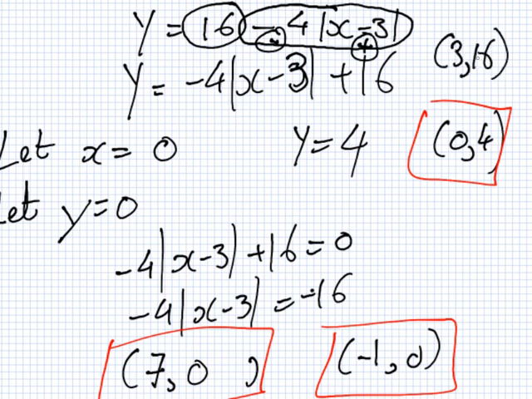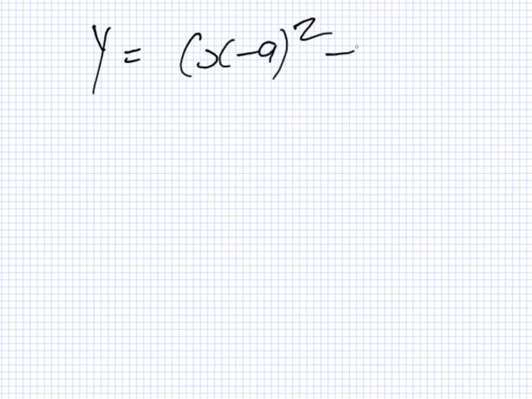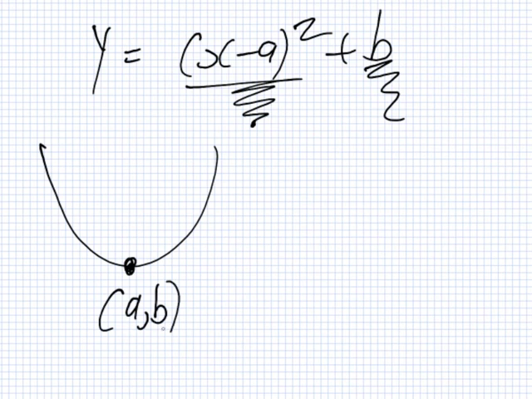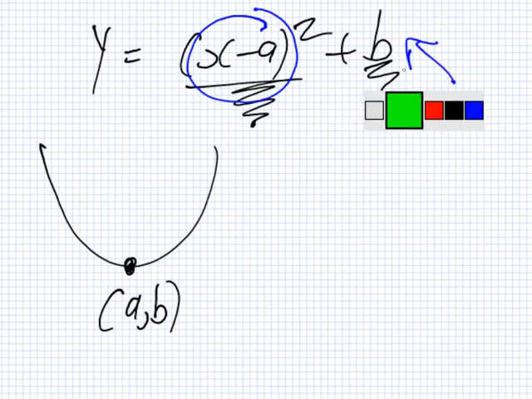Now, before you freak out on me, cast your mind back to completing the square. This piece is always positive. This piece is b. What's the turning point here? a, b. Because you make this piece 0, and this is the y. Now, draw a comparison.